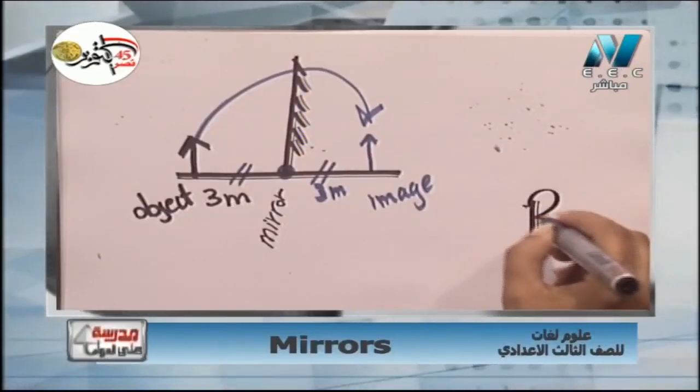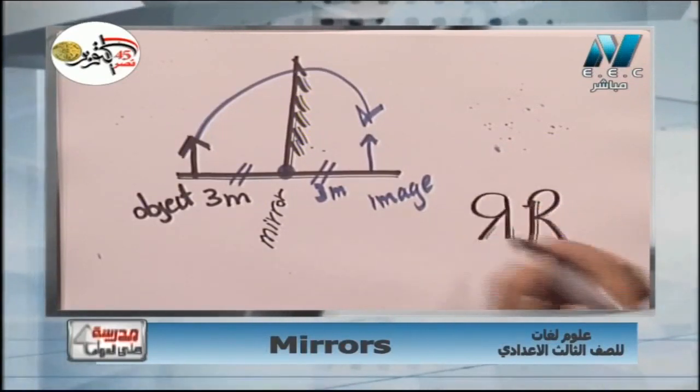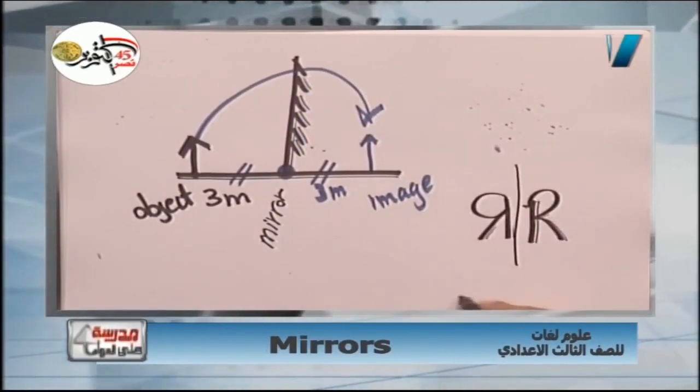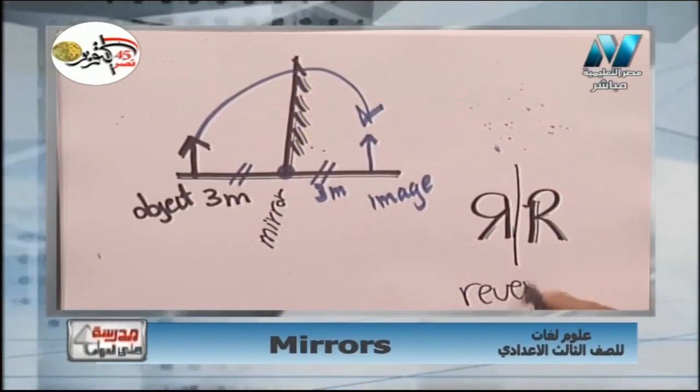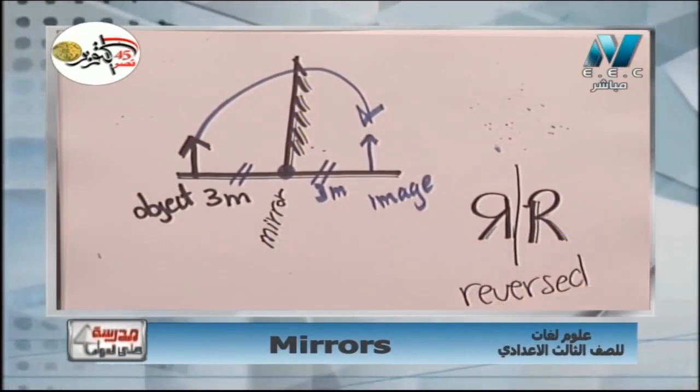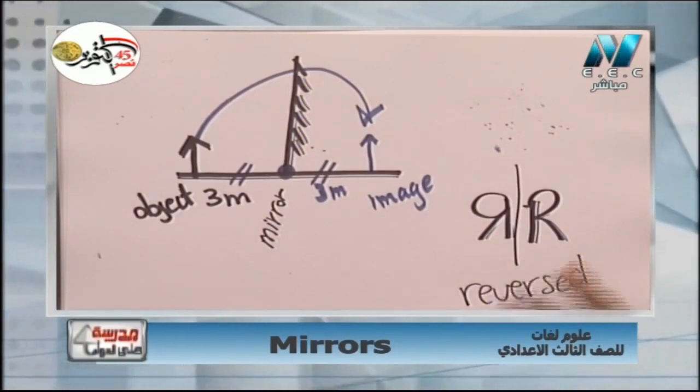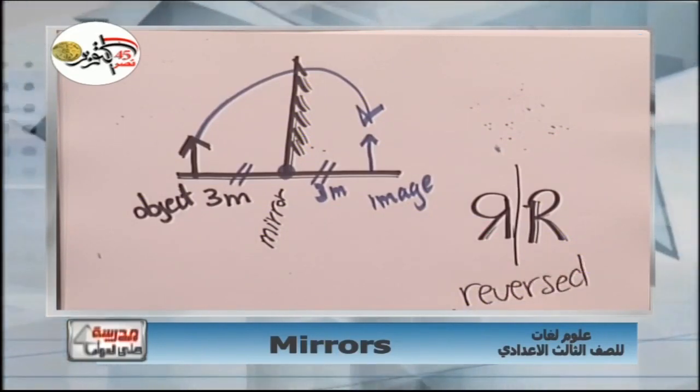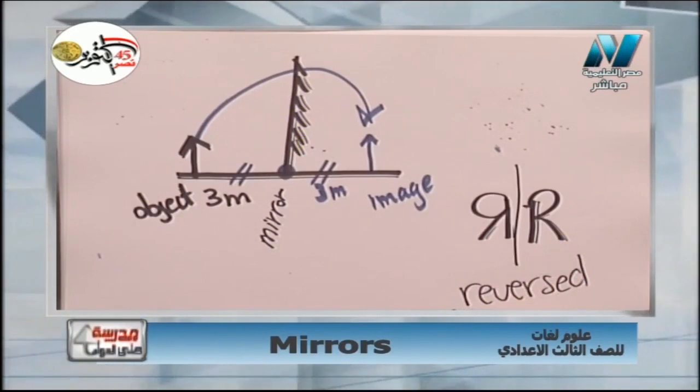So the driver in front of the ambulance car will see it correctly. If we have a letter like this R, it will look like this in the mirror. We call this reversed, or laterally inverted, which means inverted from the sides.